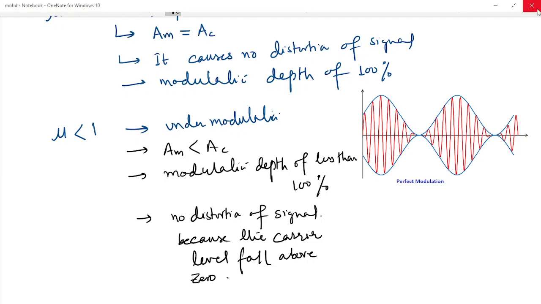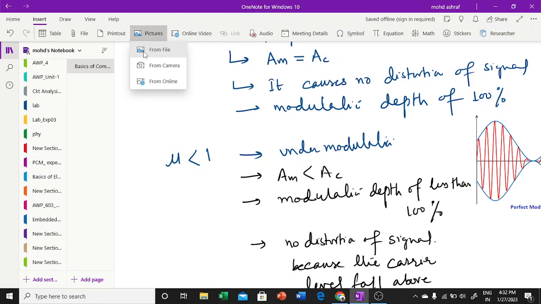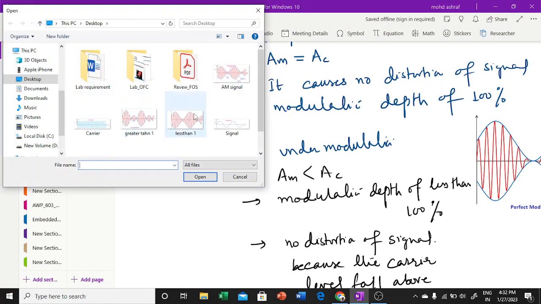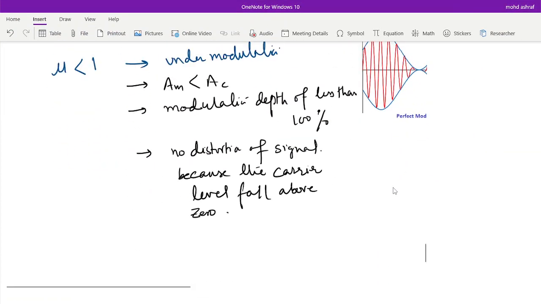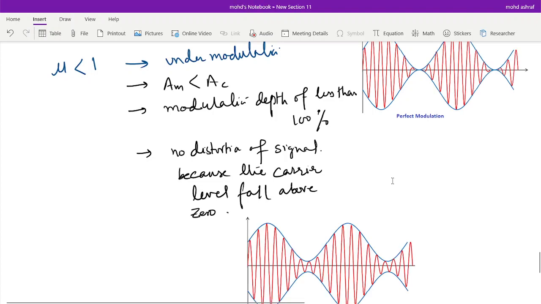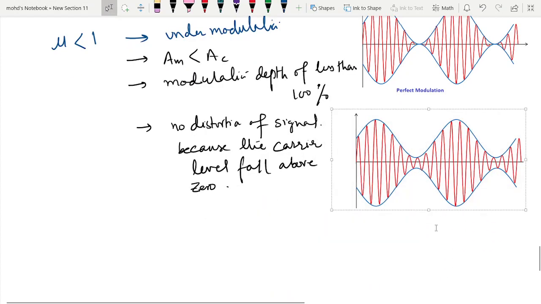So it looks like this. We have the under modulated graph.